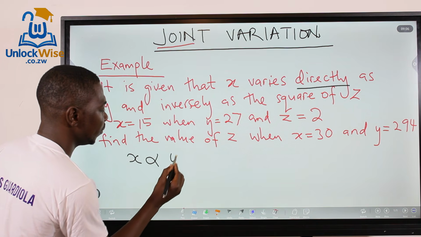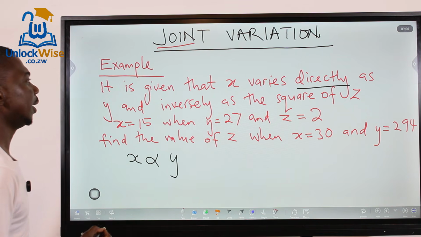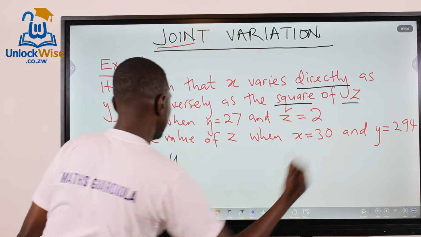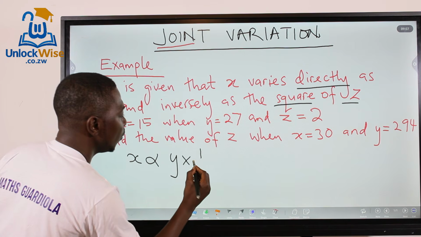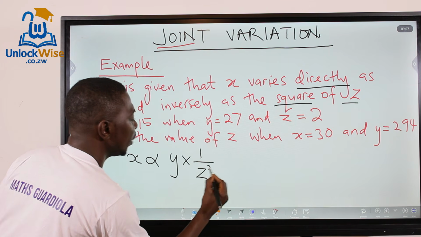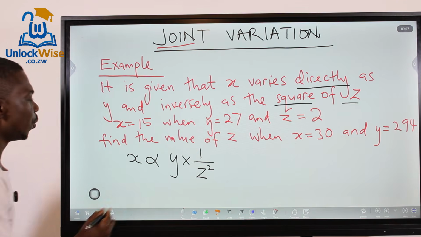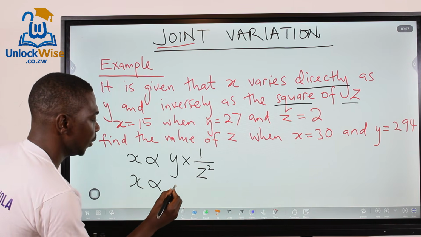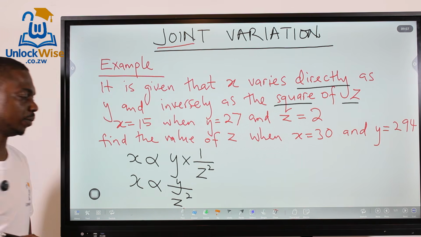So we are going to have x varying directly as y and inversely as the square of z, right? So allow me to just say 1 over z squared, like this. So if we combine this, we will have x, which is varying y over z squared, right?